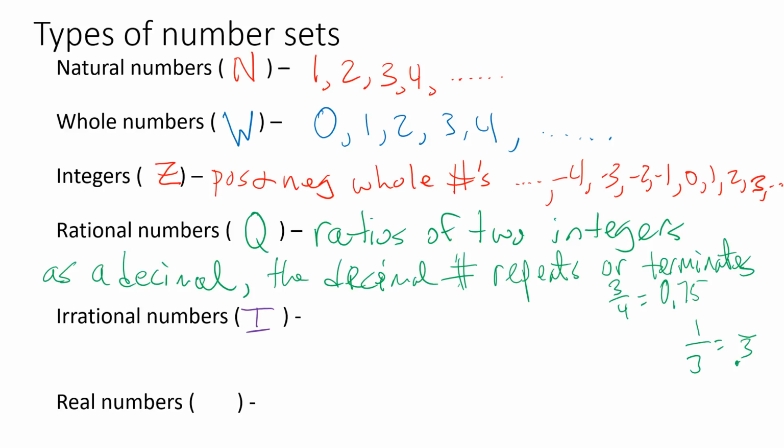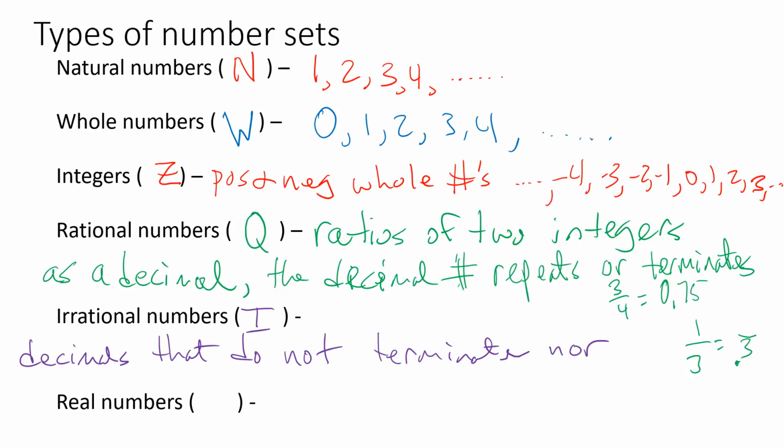And basically, when you rewrite irrational numbers as decimals, they're going to be decimal numbers that do not terminate nor have a repeating pattern.